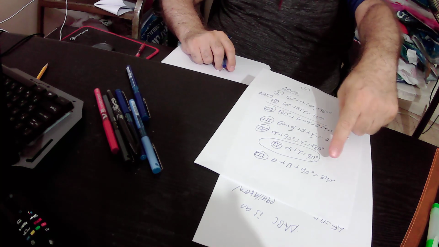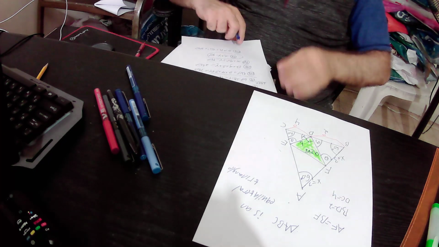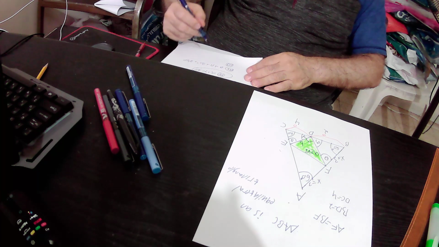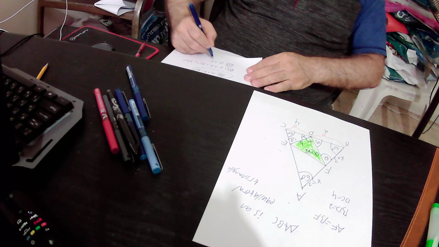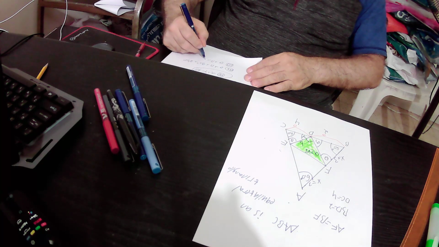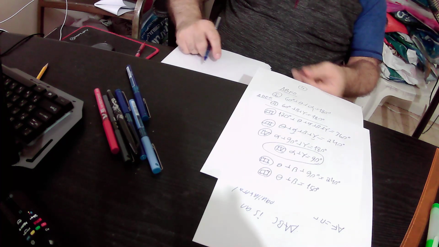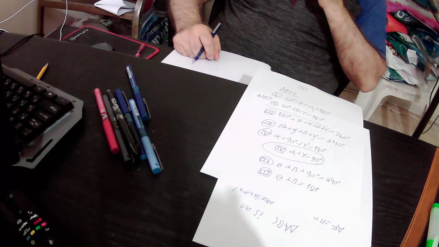Now we will subtract 90 degrees from equation number 3, so we got that theta plus beta equals 150 degrees.